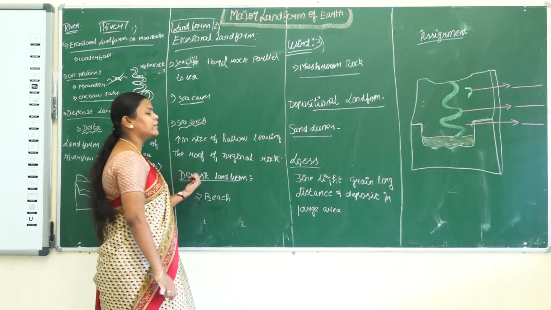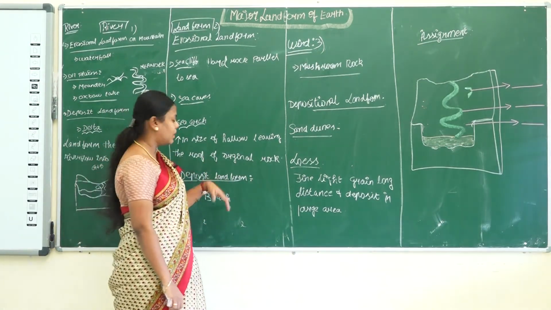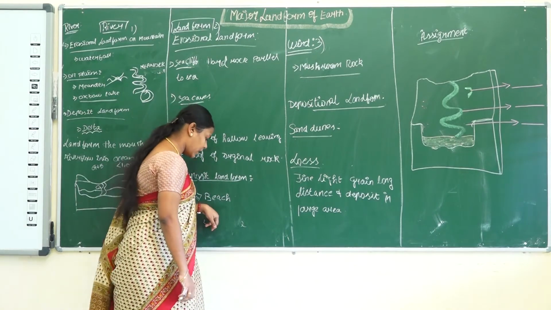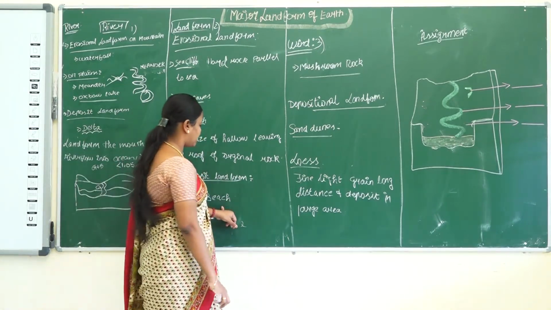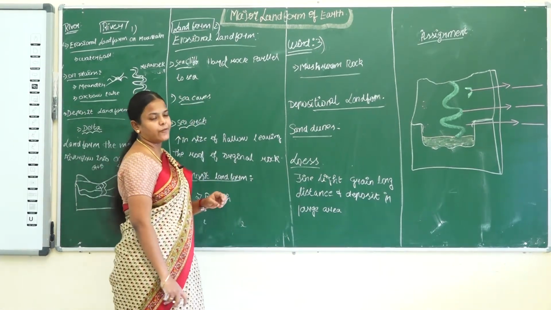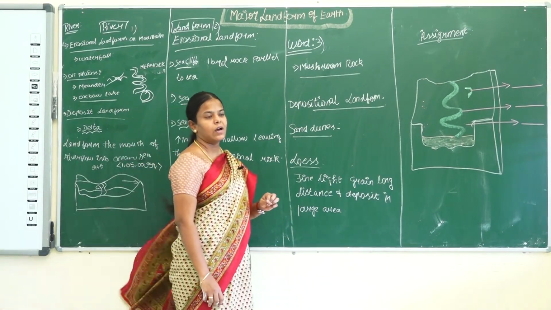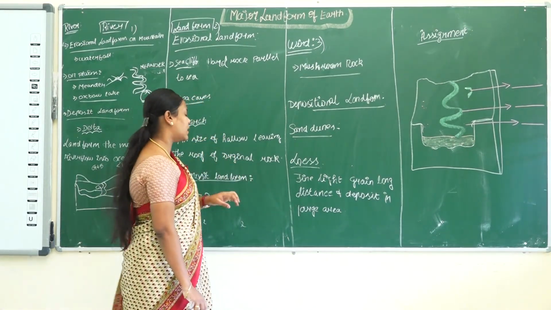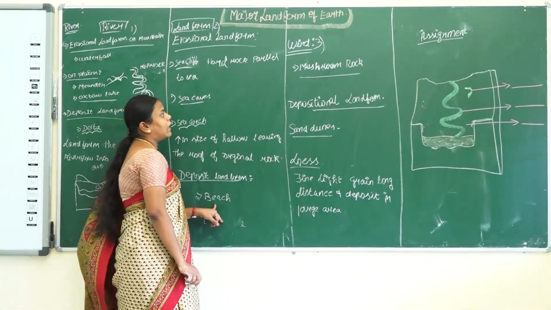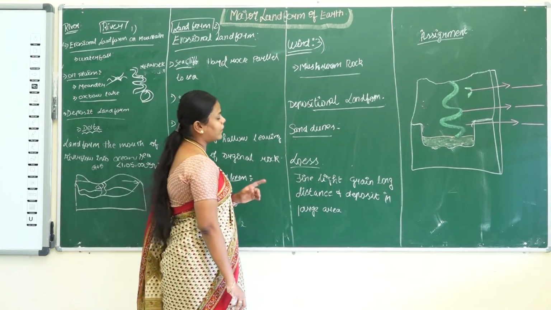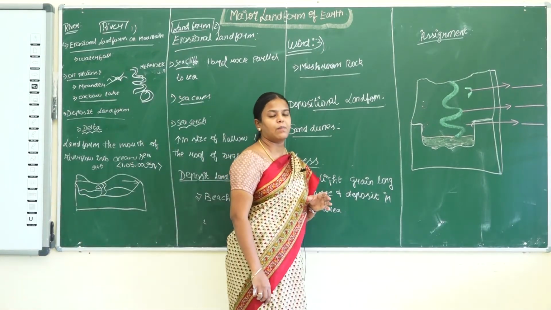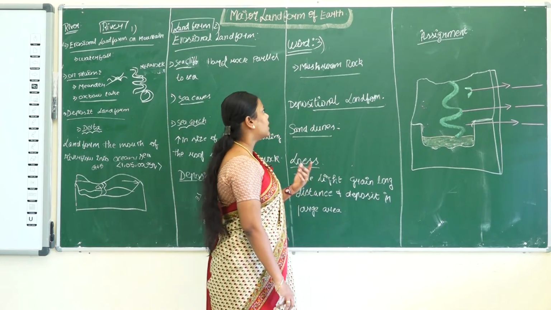Next, we're going to see the deposit landform, that is beach. As we all know, a beach is found at the combination of rivers, oceans, etc. And coming to how wind acts as an agent, we have mushroom rock.